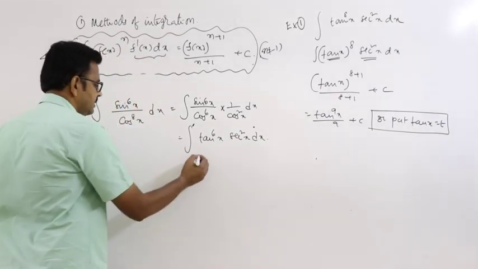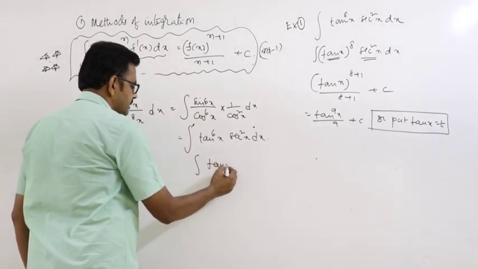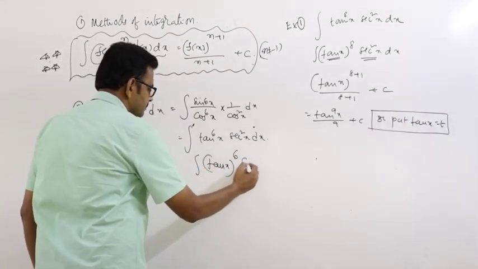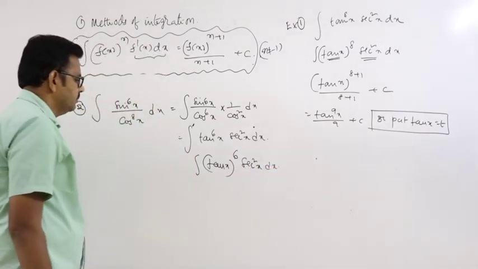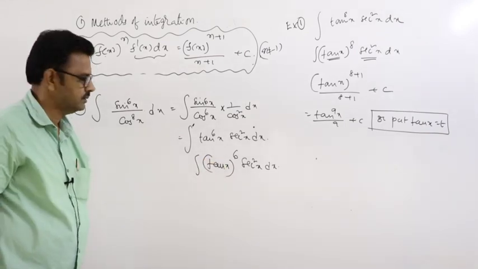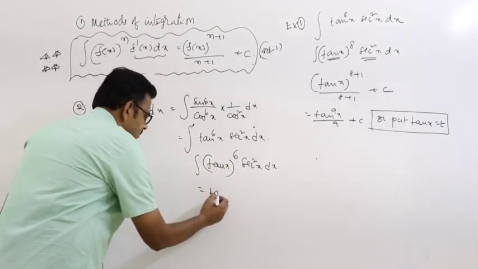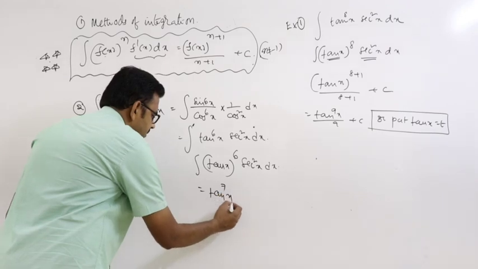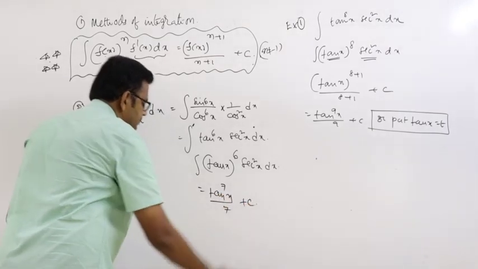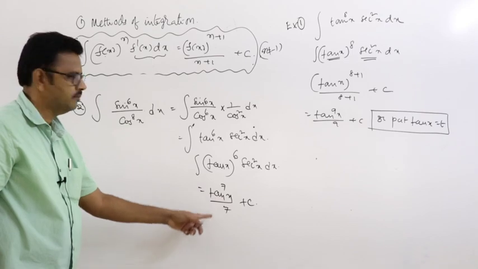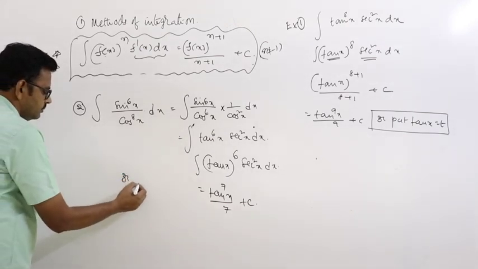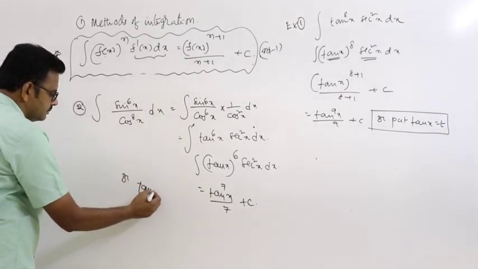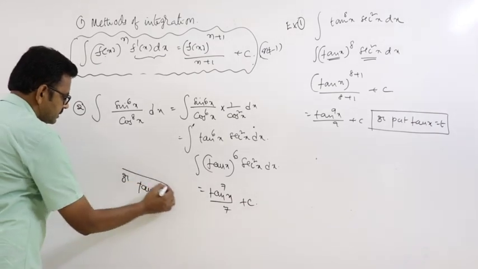Now this is integral of tan x whole power 6 into secant square x dx, which is f of x whole power n into f dash x. That equals tan power 7x by 7 plus c, using f of x whole power n plus 1 by n plus 1 plus c. Or put tan x equal to t. This is a regular process.